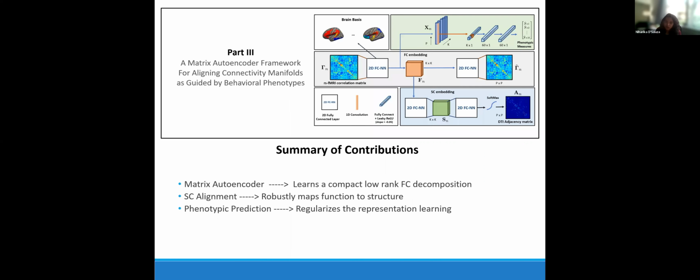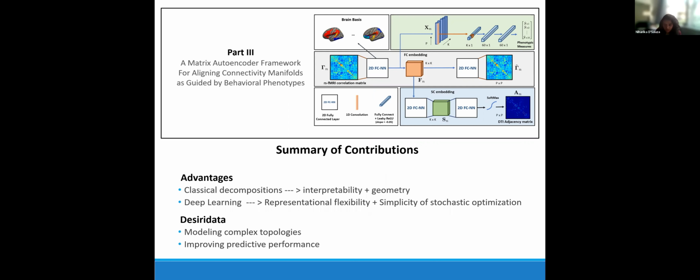Overall, this model generalizes well onto unseen examples, both for phenotypic prediction as well as function to structure prediction. This framework elegantly combines the interpretability that's offered by classical decomposition models, along with the simplicity and flexibility offered by deep learning.